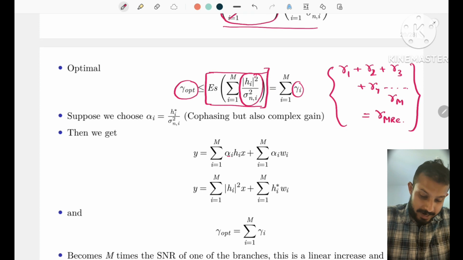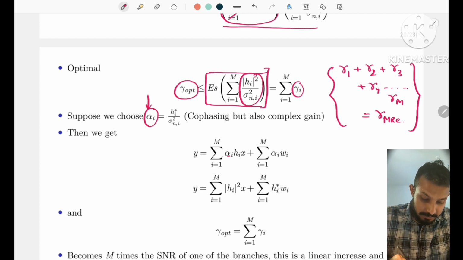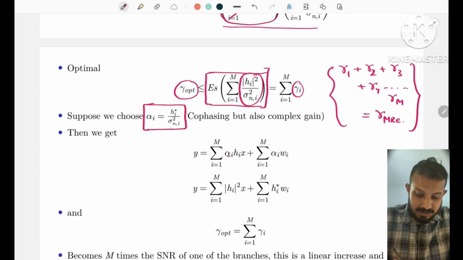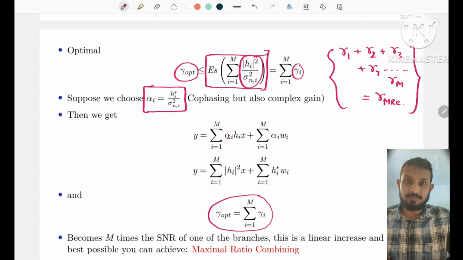And this depends upon the value of alpha i, or what is the weight that we choose on each of the branches. And it has been proved that if you choose this alpha i to be equal to hi conjugate by sigma square n comma i, then gamma opt will be exactly equal to the sum of SNR of each of the branches.